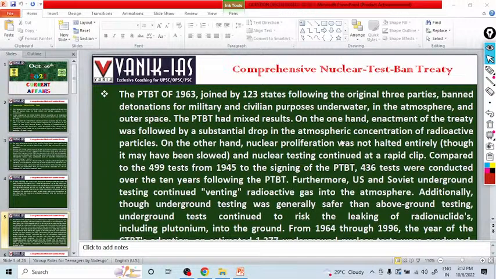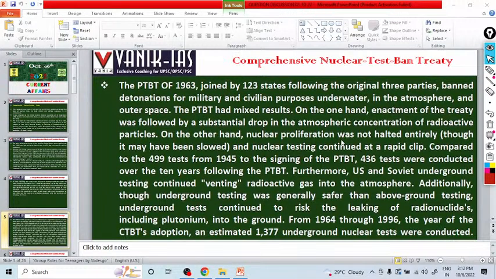The PTBT of 1963 was joined by 123 countries. So PTBT stands for Partial Test Ban Treaty. Okay, and it was joined by 123 countries.